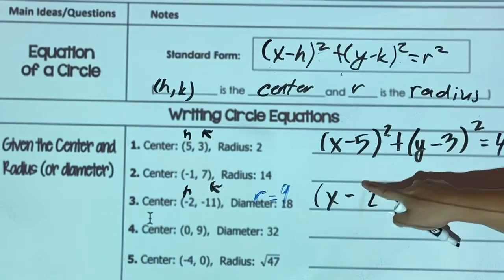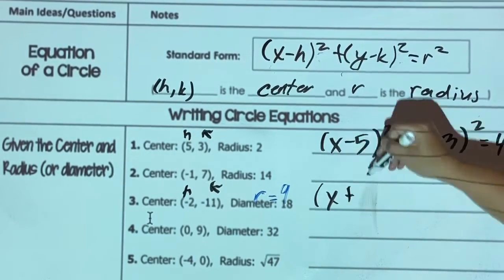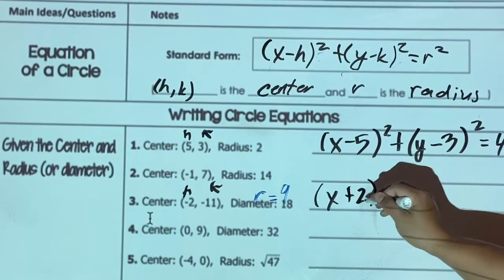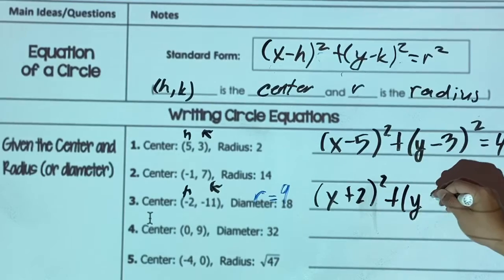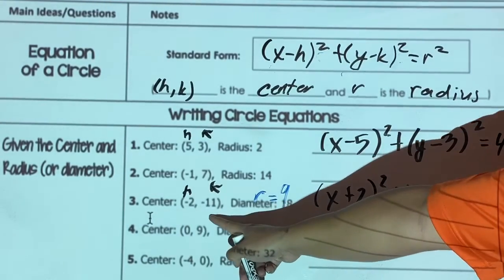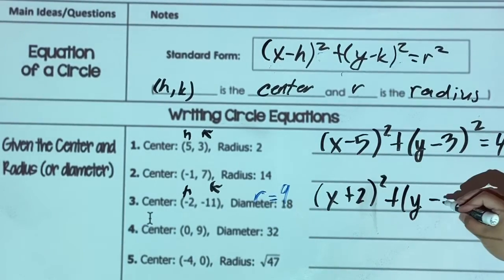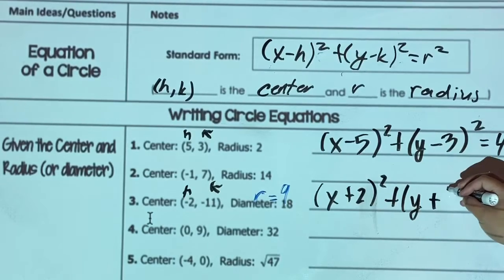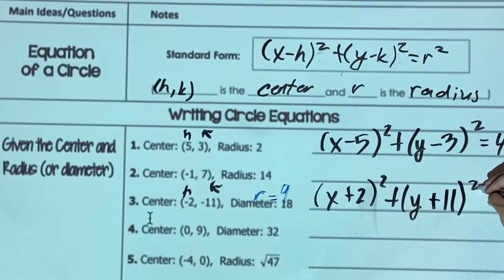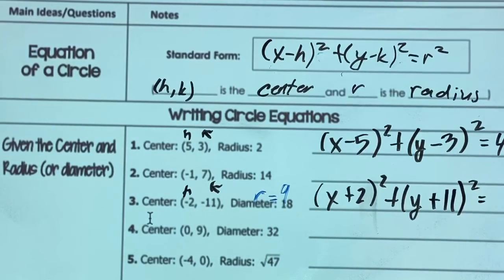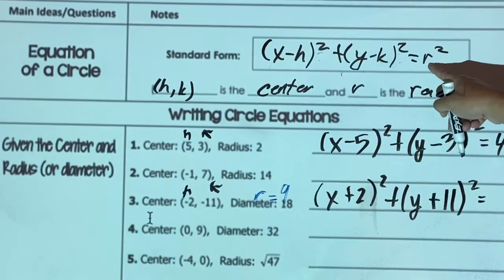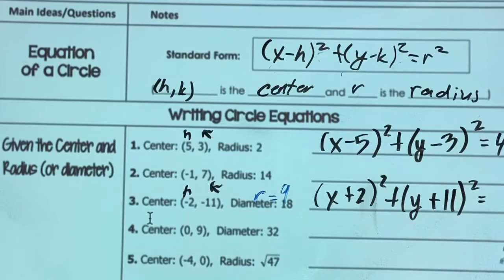So I'm going to put +2 squared plus y minus, and then k is also -11, so this changes into a +11 squared equals, and the radius is 9. Because the radius is 9, 9 squared is going to be 81.